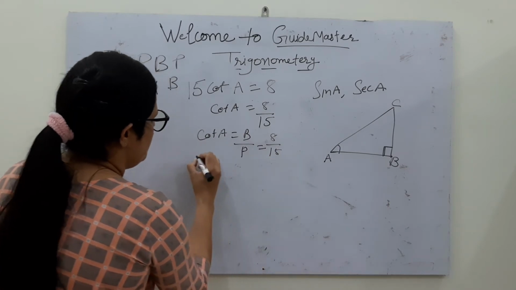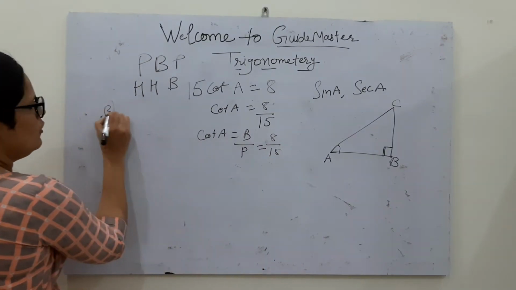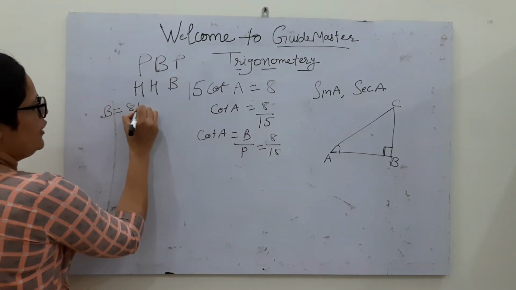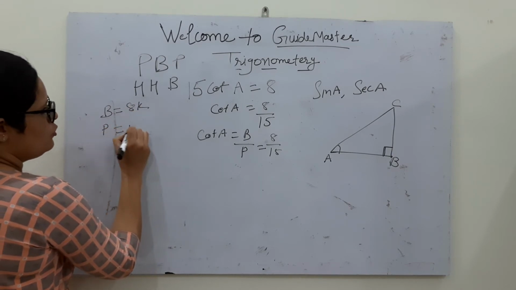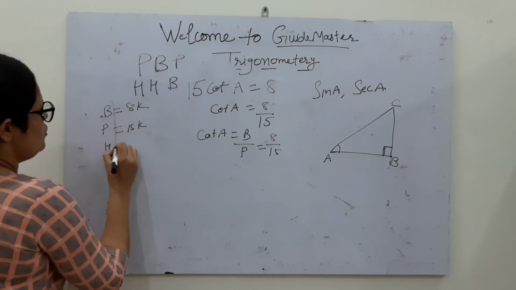You can say B is equal to 8K and P is equal to 15K. We have to calculate H.